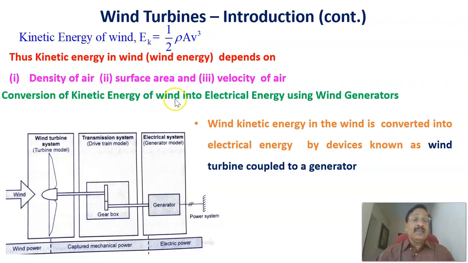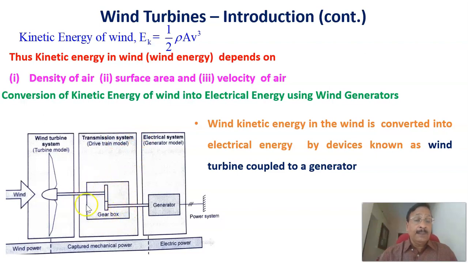Therefore, the kinetic energy of the wind is converted into electrical energy using wind generators. The wind kinetic energy is converted into electrical energy by the device known as a wind turbine coupled to a generator. Here, this is the wind turbine system, in which the wind is hitting these blades, and due to the rotation, that is transferred using a transmission system, or a gearbox system.